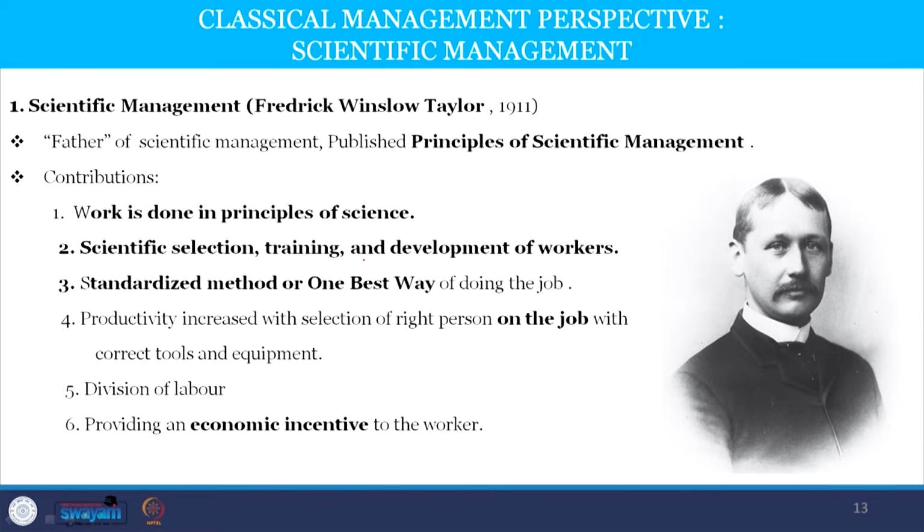The selection procedure was given more emphasis, with allocation of responsibilities to the individual based on his or her skill type, and allocating tasks with the correct tools and equipment.